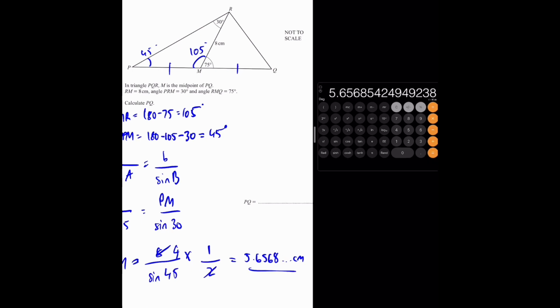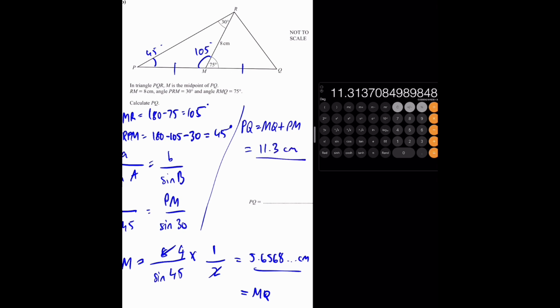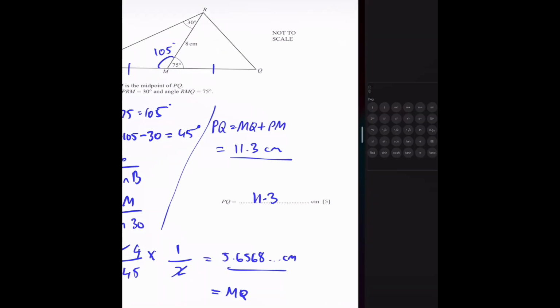And then that'll be equal to MQ. So now we know MQ and PM, so we can find PQ. PQ equals MQ plus PM. And that'll be simply 2 times any of the values. So I'll just multiply this one here by 2. So it'll be 11.3 centimeters, to 3 significant figures, of course. And that will be the answer.